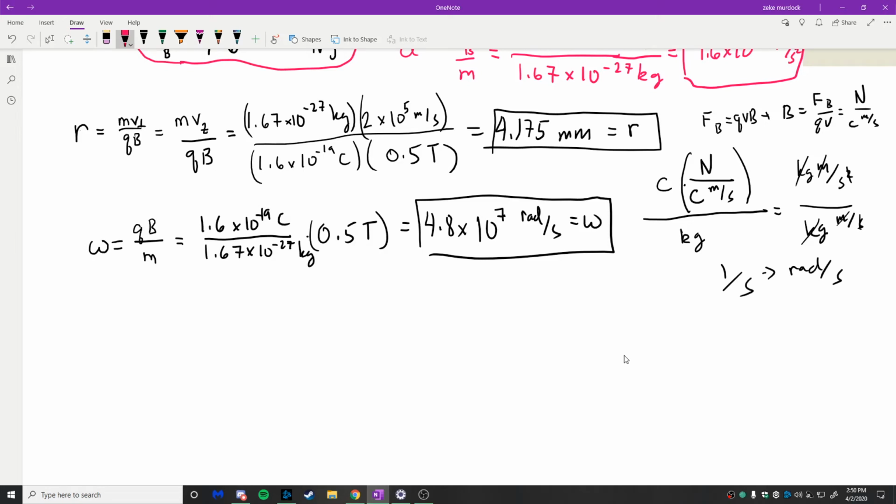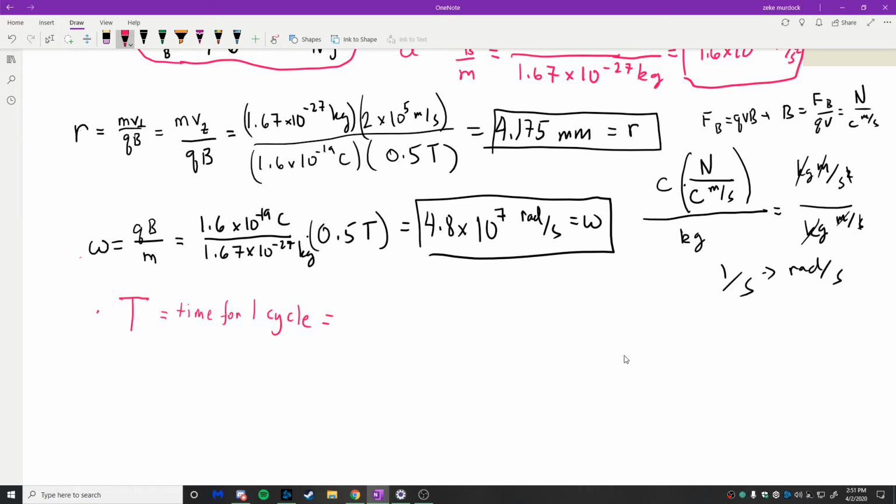We want to calculate this thing, right? Period. You guys remember the relationship between this and this? You're on the right track.